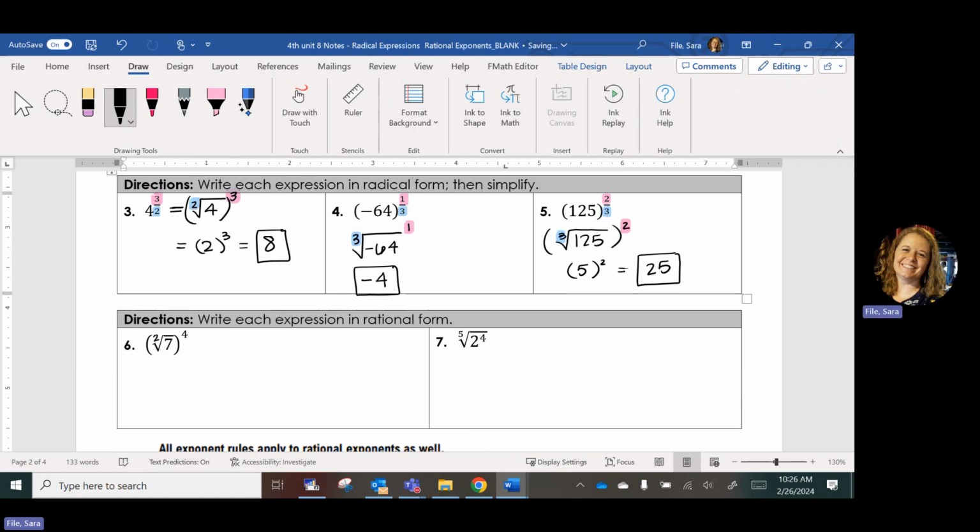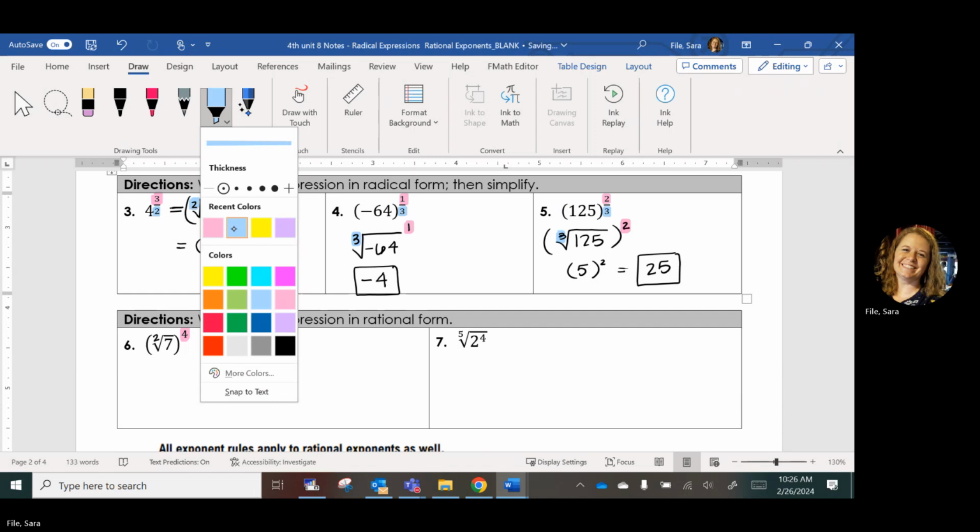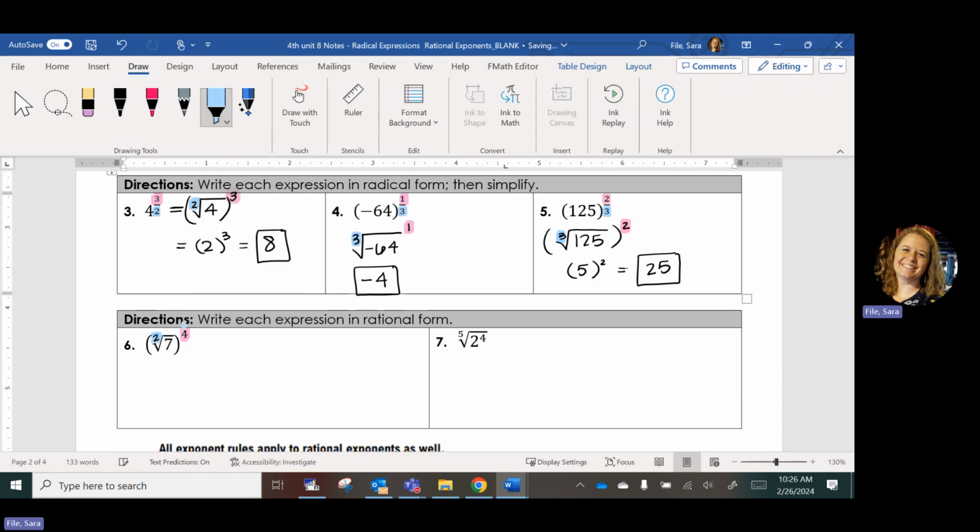You can put that 2 there if you need to see that. Because remember, the root is going to become the denominator and the power is going to become the numerator. When I rewrite this, so the base is 7, and it's going to be to the 4 halves power, 4 over 2. So then what is 4 over 2?